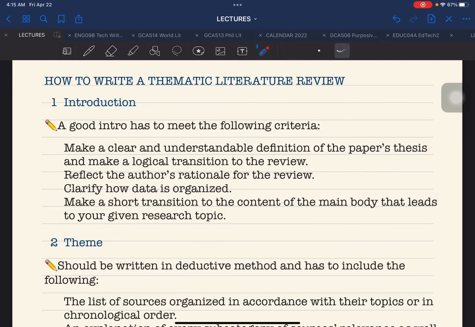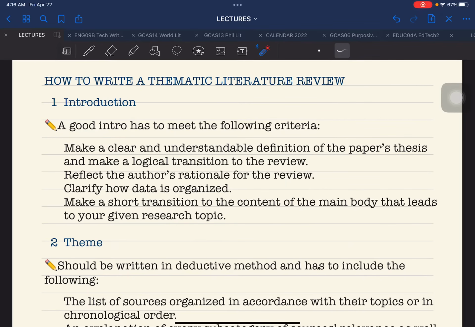Okay, so the first part is the introduction or the introductory statement. The introductory statement requires you to include the following. A good intro has to meet the following criteria. Number 1, make a clear and understandable definition of the paper thesis and make a logical transition to the review.